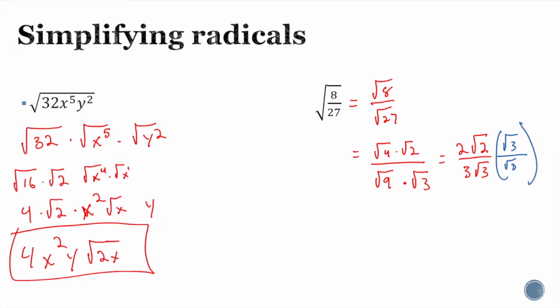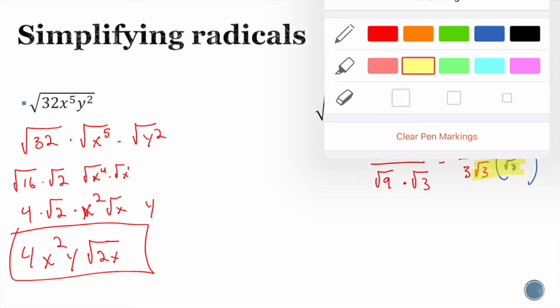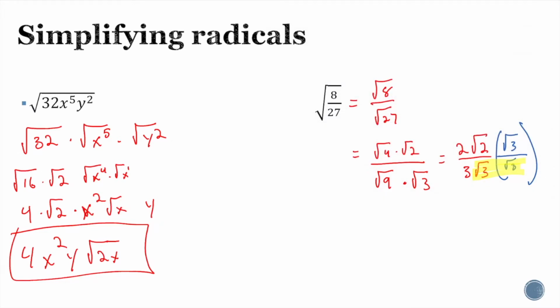This will join these two values, as you'll see here, and that'll give me 2 times the square root of 6. The square root of 2 times the square root of 3 is the square root of 6, divided by 3 times the square root of 9, because the square root of 3 times the square root of 3 is the square root of 9.